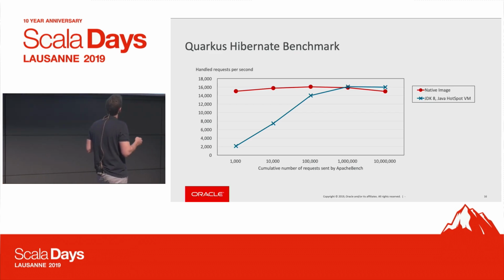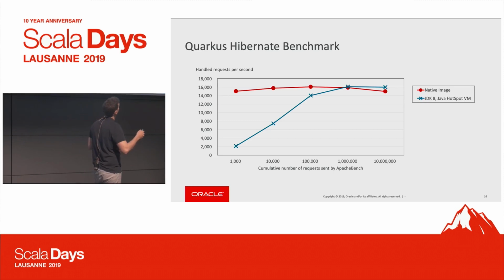If you take Apache Bench and look at the cumulative number of requests sent, you will see that in the beginning, of course, native image, the red line, is way better, because it starts from the very beginning at full speed, right? And you will see that HotSpot needs about 100,000 to 500,000 to 1 million requests to warm up all its stuff.